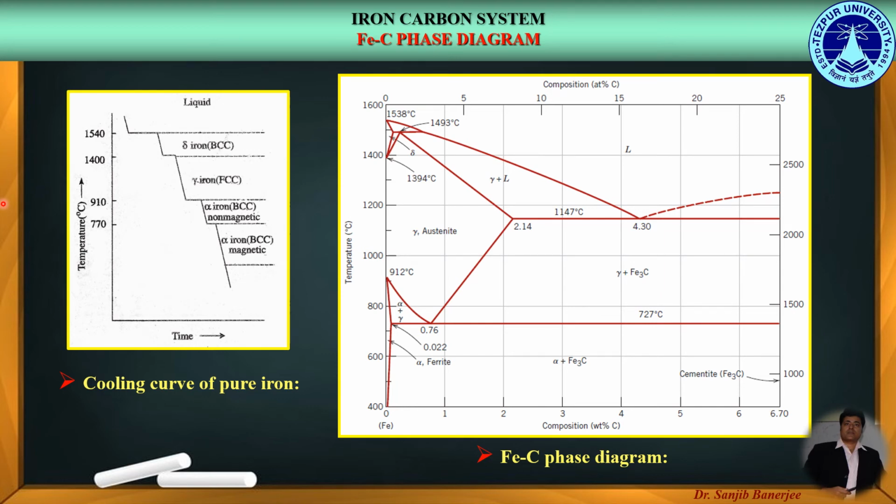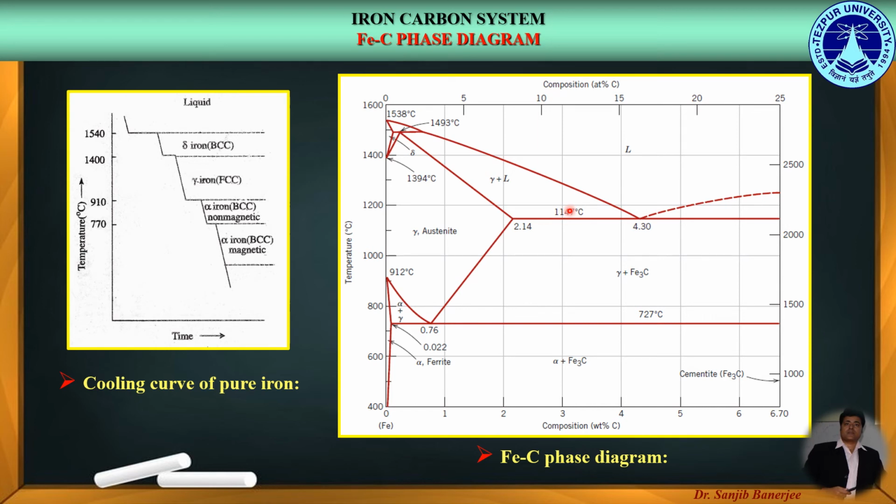Next, we talk about the steel and the cast iron. The iron carbon phase diagram may be divided into two portions, the left hand side pertaining to steels, while the right hand side belongs to cast iron. It is obvious that melting point of cast iron is far lower temperature than that of steels.